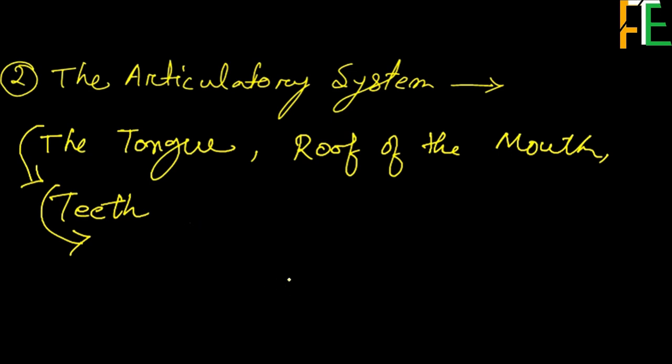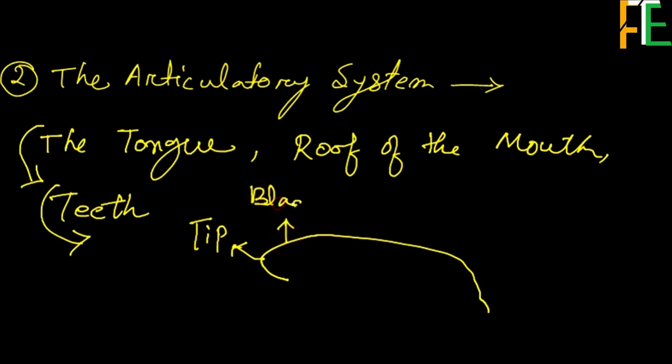Suppose this is the tongue. You have to consider this a tongue. The tongue is basically divided into 5 parts. The foremost part is called the tip of the tongue, T-I-P. Then the next, closer part is called the blade of the tongue.